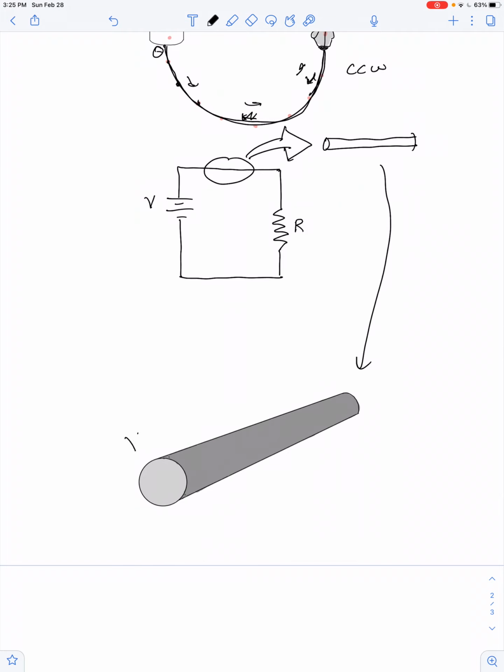So this end of the wire is at a high electric potential, and this end is at a low electric potential. Now what that does is it makes for an electric field inside the conductor. And electric field lines, as we know, point from high potential towards low potential.